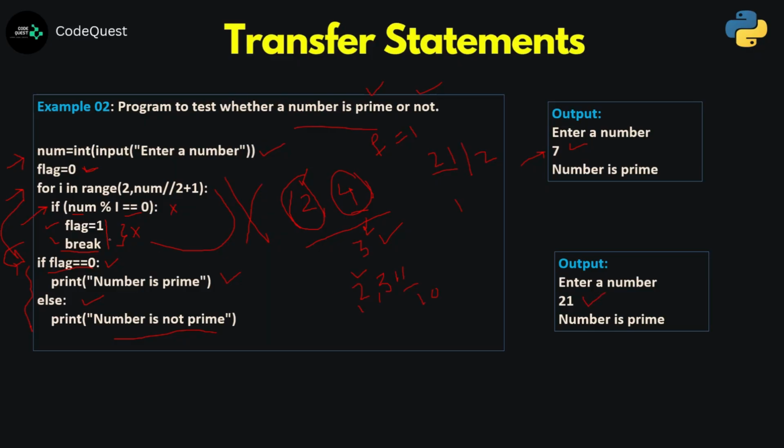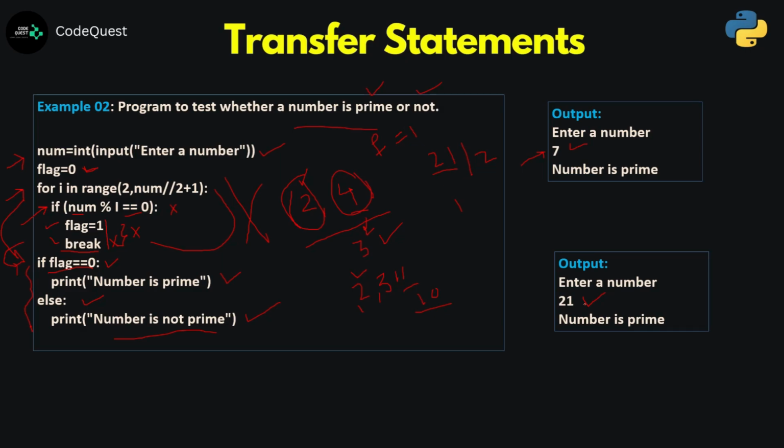Now, if I do not use this break here, this range function which is producing 2, 3, 4 up to 10, so those many iterations will be worked on, and then finally we will be able to tell that yes, the number is not a prime. But now break is helping me out because I'm not worried about how many divisors I have for 21.